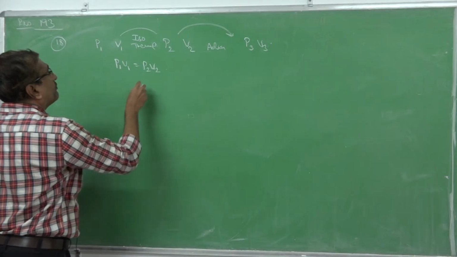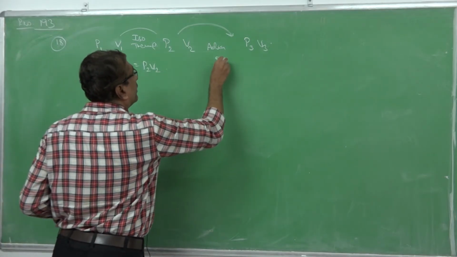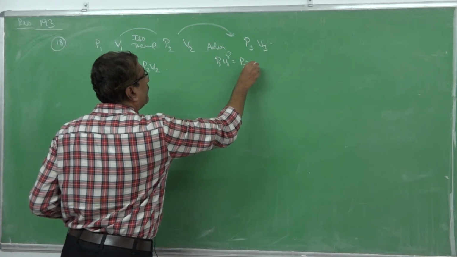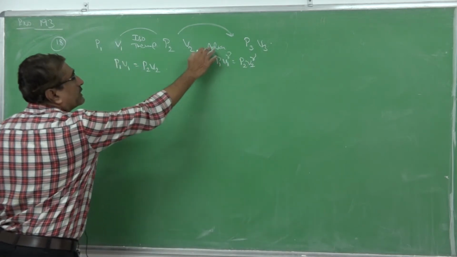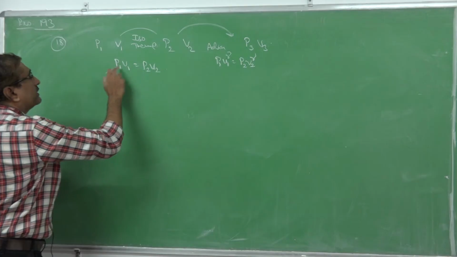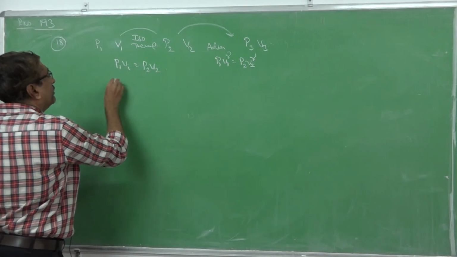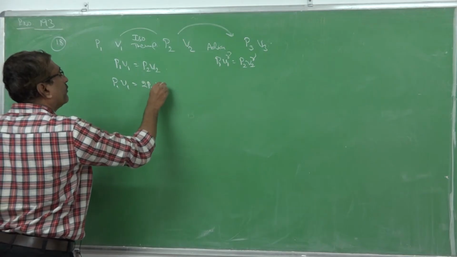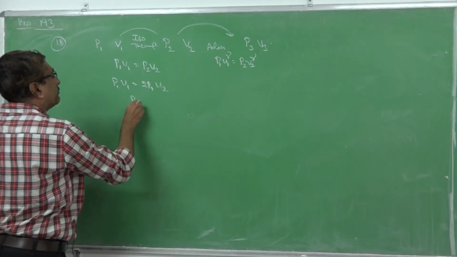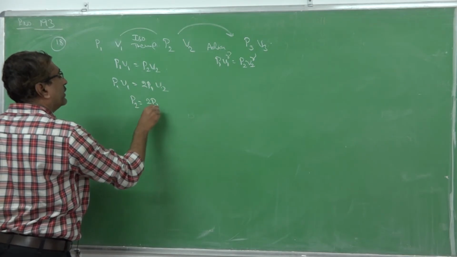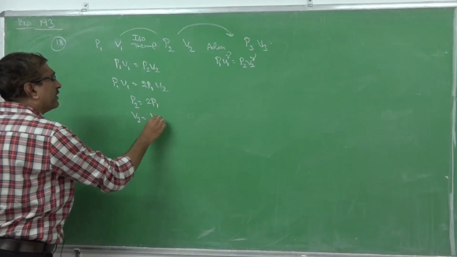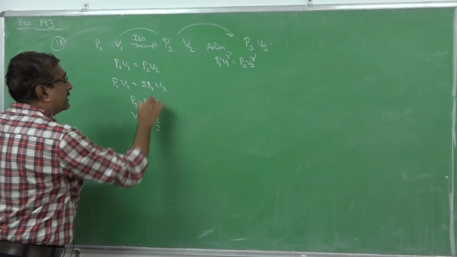Okay, so here P1 V1 is equal to 2 P1 V2. That is P2 is equal to 2 P1 and V2 is equal to what happens? V1 by 2. So from this condition we can establish.